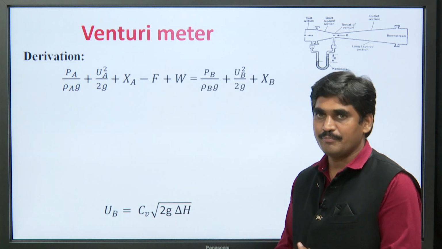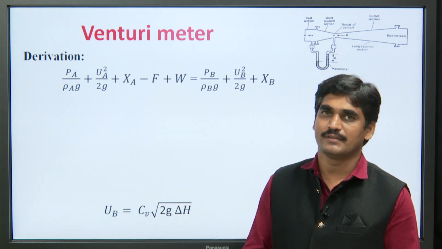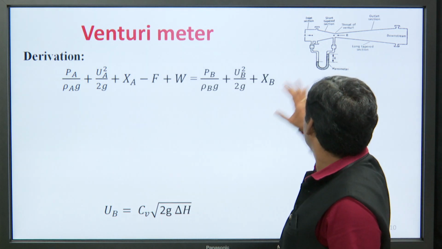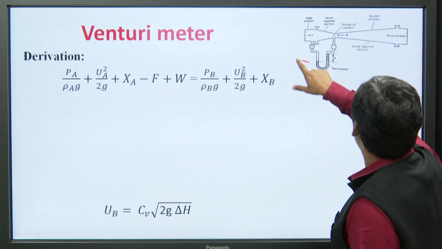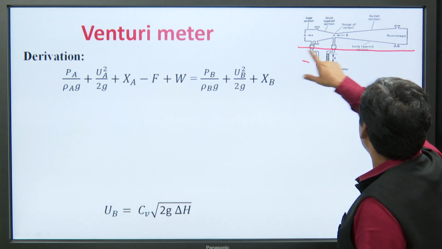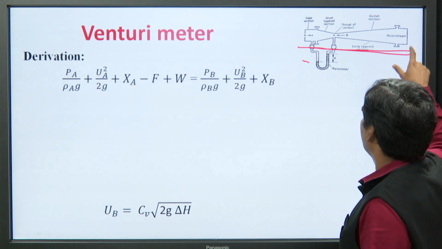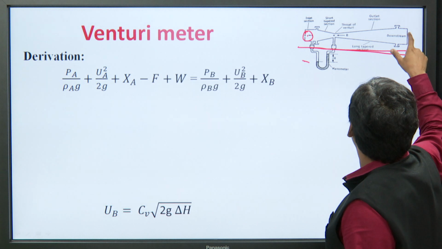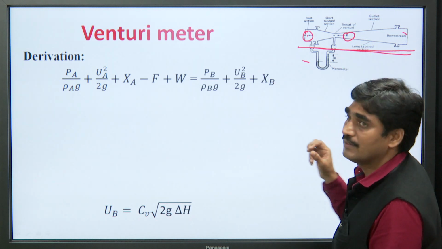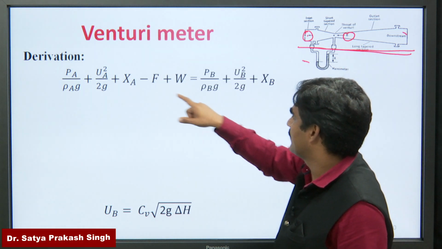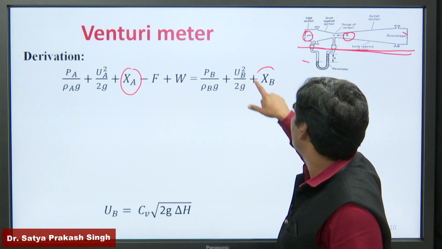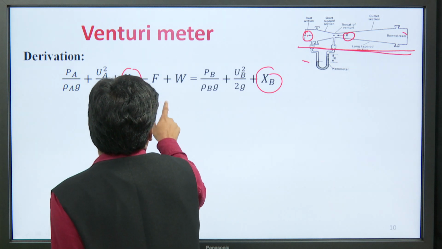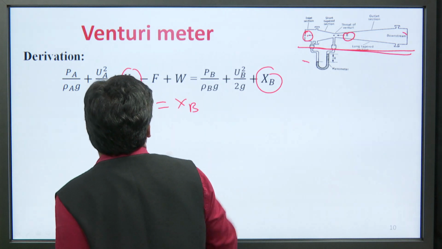Derivation: the same principle is applied in this case as was applied in the case of the orifice meter. Since it is a horizontal, straight pipe, with the help of a horizontal plane we are measuring. So, the distances x_A and x_B both lie on the same horizontal plane, that is why x_A will be equal to x_B.